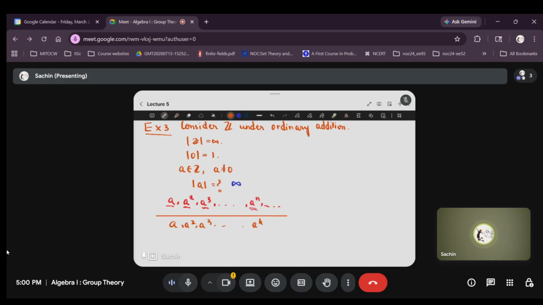It is implicitly said by that statement, I guess. So you can easily assume that if there is at least one element of infinite order, the group also has infinite order. And if all the elements have finite order, then the group also has finite order.